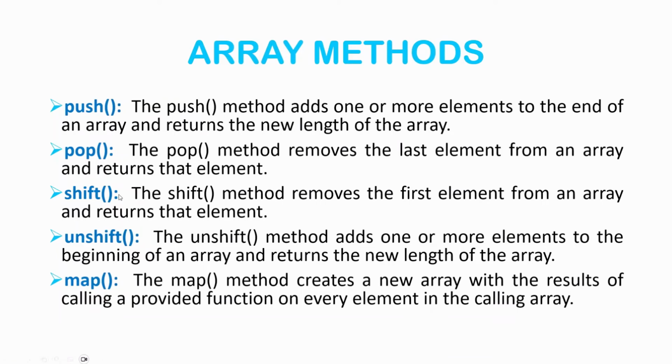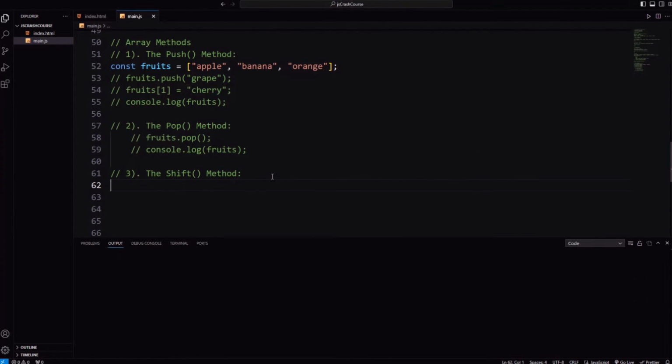So the next on our list is shift. Now the shift method removes the first element from an array and returns the element. So the difference between shift and pop is that pop removes the last element in the array, while the shift method removes the first element in the array. That's just the difference. There's nothing more. So this one I will just say fruit.shift and you put your parentheses.